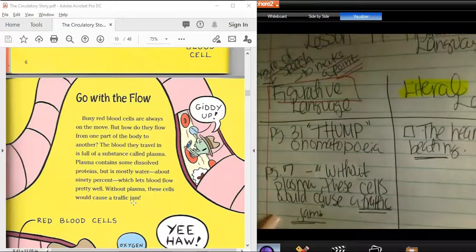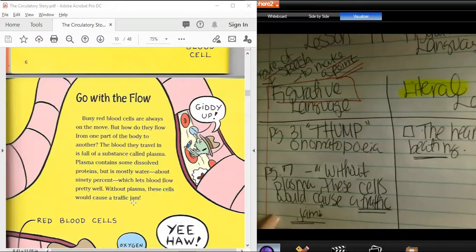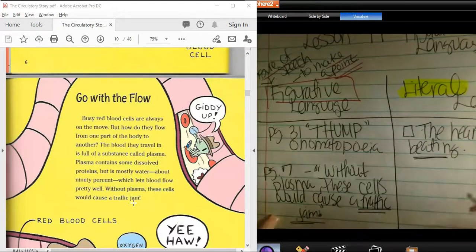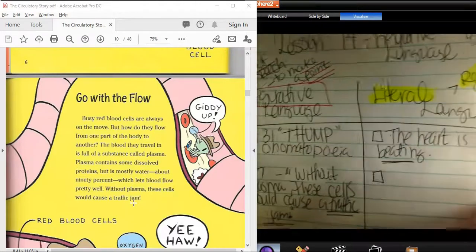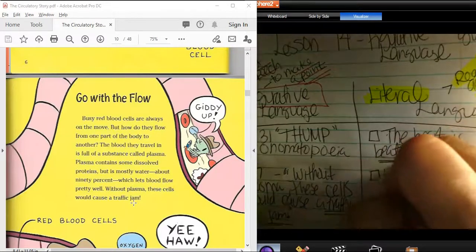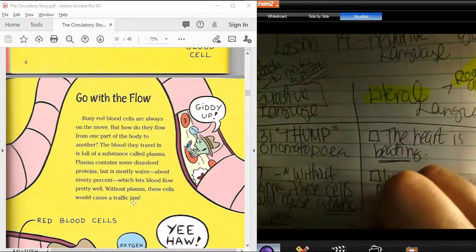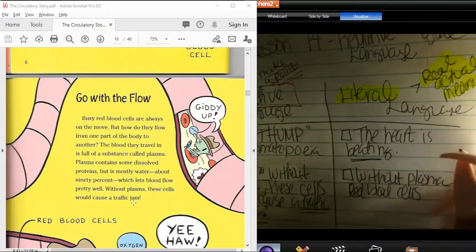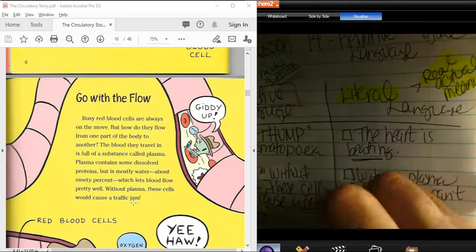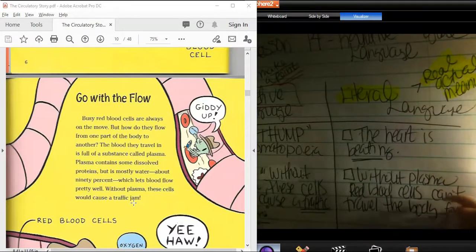The author's trying to make a point. What is the point he's actually trying to make? That red blood cells wouldn't be able to travel anywhere, right? So let's go ahead and write it here. So the actual reason for this figure of speech is that, without plasma, red blood cells can't travel the body freely.